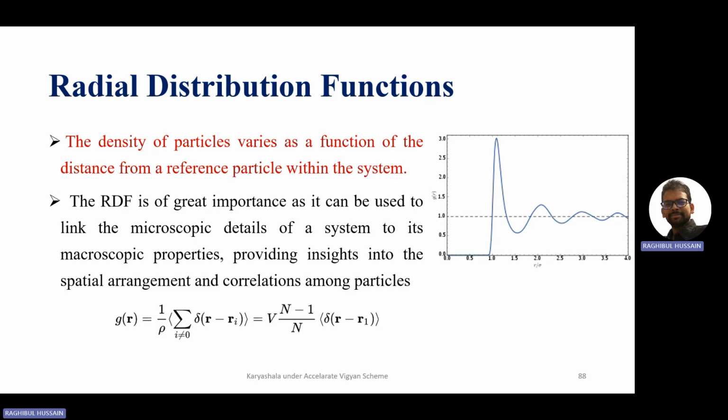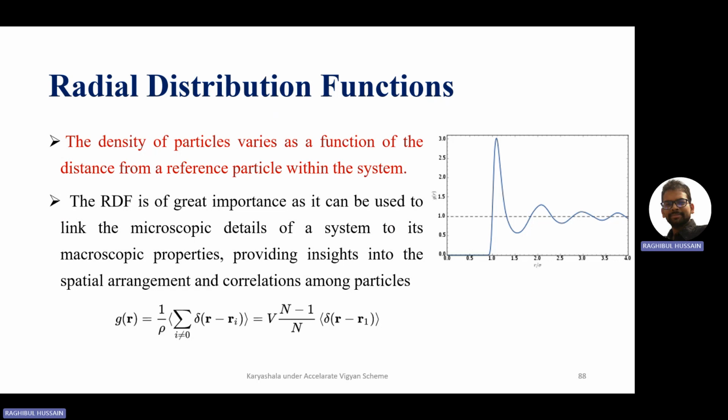So let's say I take the Li first, and I want to make the distribution of this one. If I want to make the distribution of the whole molecule, I cannot take the whole. The best way is to take the center of mass.